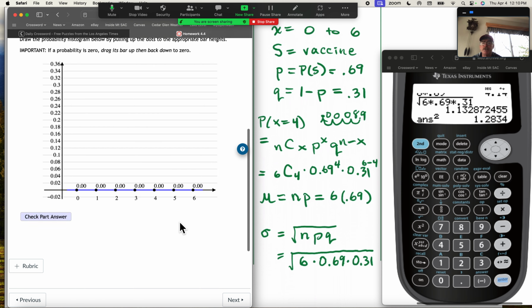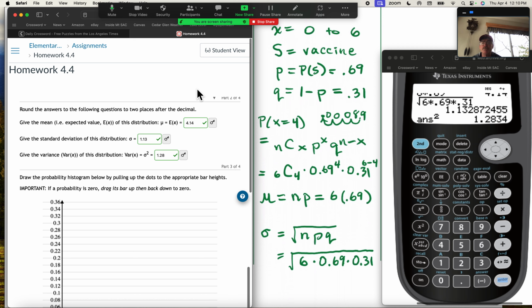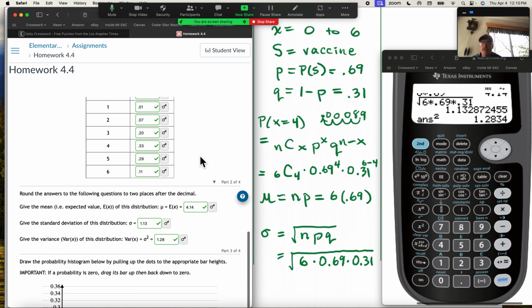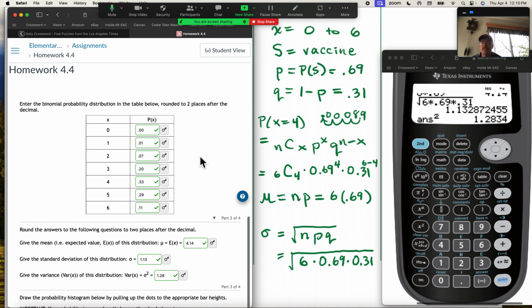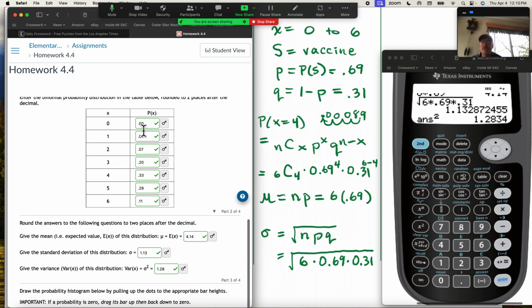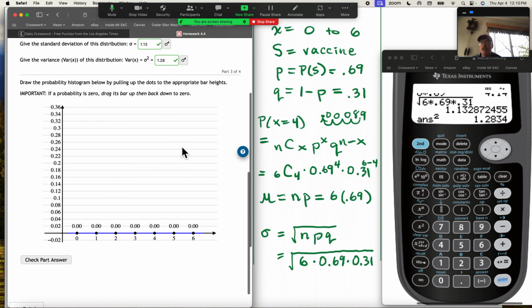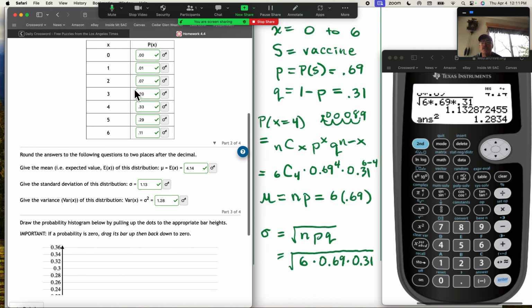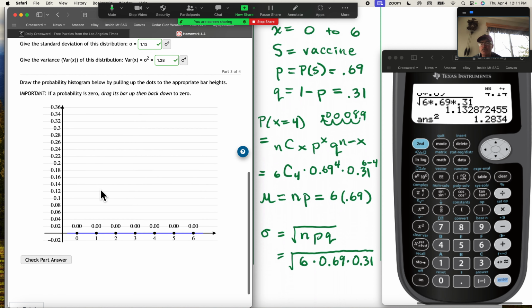So we'll check our answers here to make sure everything's good. And it looks like everything's good. Okay, so now I got to slide up the probabilities. This first probability is 0, and you got to be careful because the machine won't register it unless you move that bar, so you got to pull it up, drag it back down to a 0. The next one I think was 1%, 0.01, and then after that was a 0.07. Like that.